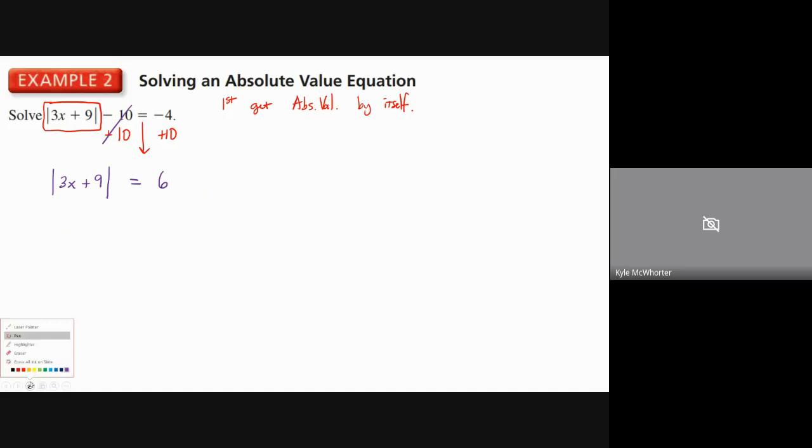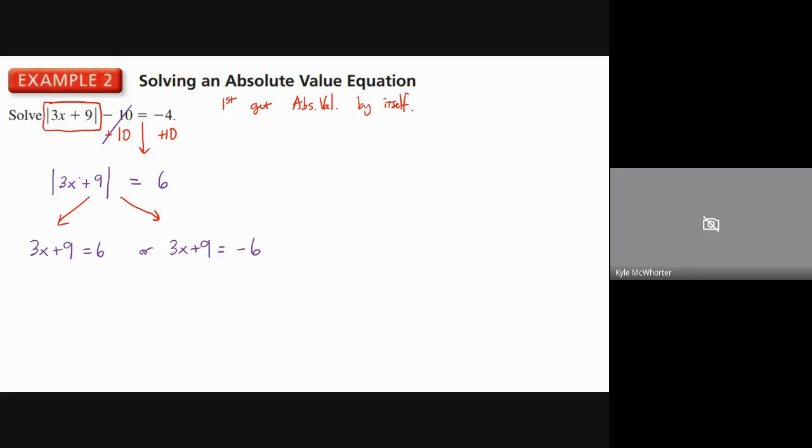Every time you get the absolute value by itself, the very next step is to split it into 2 equations. One where it's basically writing the same thing without the absolute value: the inside, 3x plus 9 equals 6. Or the inside would have to equal -6. So 3x plus 9 would equal -6.